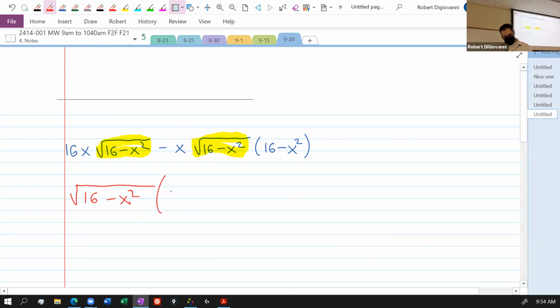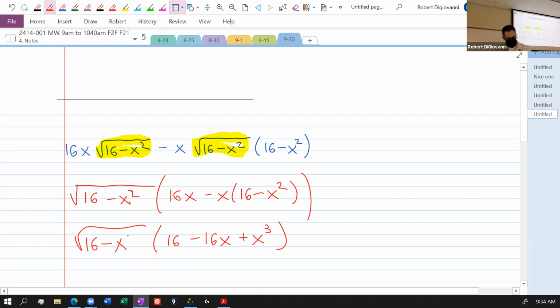I've got a 16x from the first one, right? Minus an x, and then still here 16 minus x squared, right? But that's 16 minus 16x, right? Plus x cubed times this. Oh, I forgot the x here on this one.